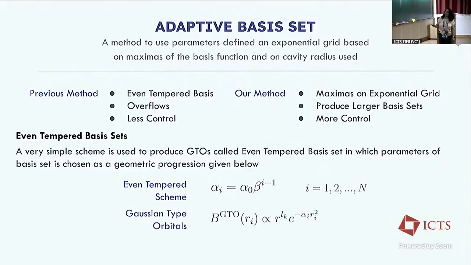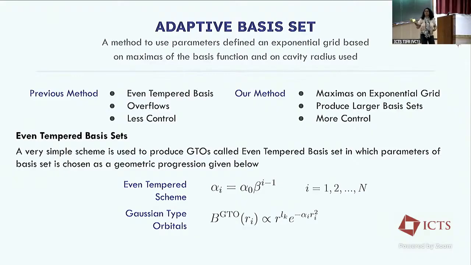The parameters alpha naught and beta are chosen out of experience, depending on the system you're working on and the property you want to calculate. And if you choose very incorrect parameters, you'll definitely get incorrect values for your atomic properties. So that was the problem.